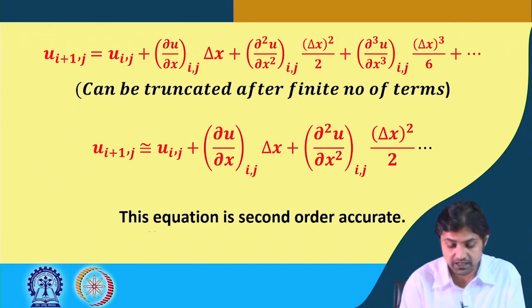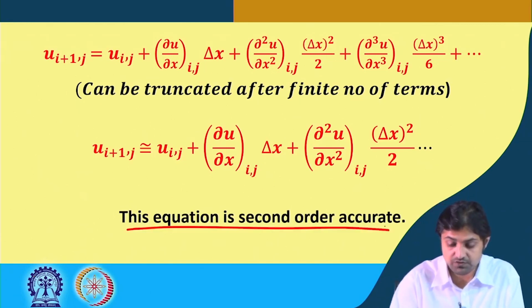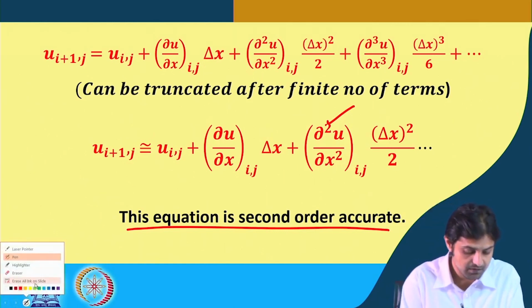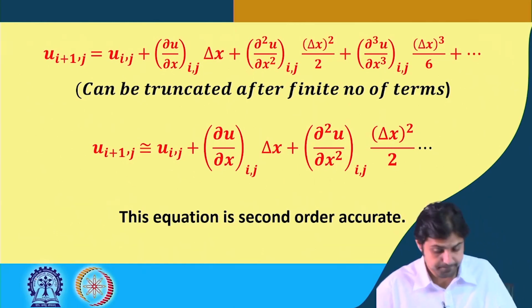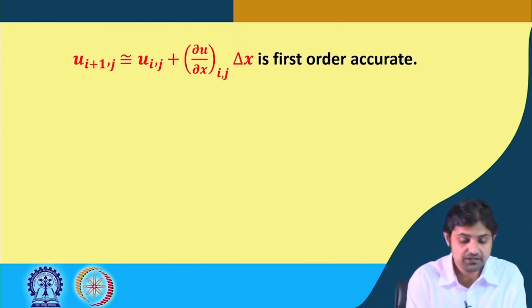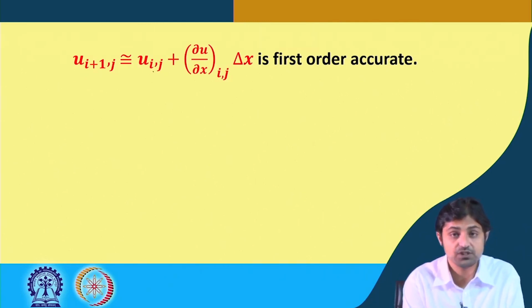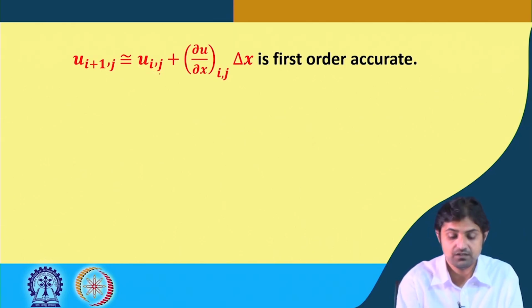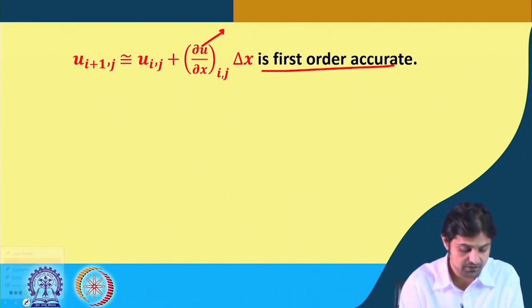This equation is second order accurate because we have a square term, del square u by del x square. If you want to make it first order accurate, it can be written as u i plus 1,j is u i,j plus del u by del x evaluated at i,j into delta x. So, this is first order accurate.